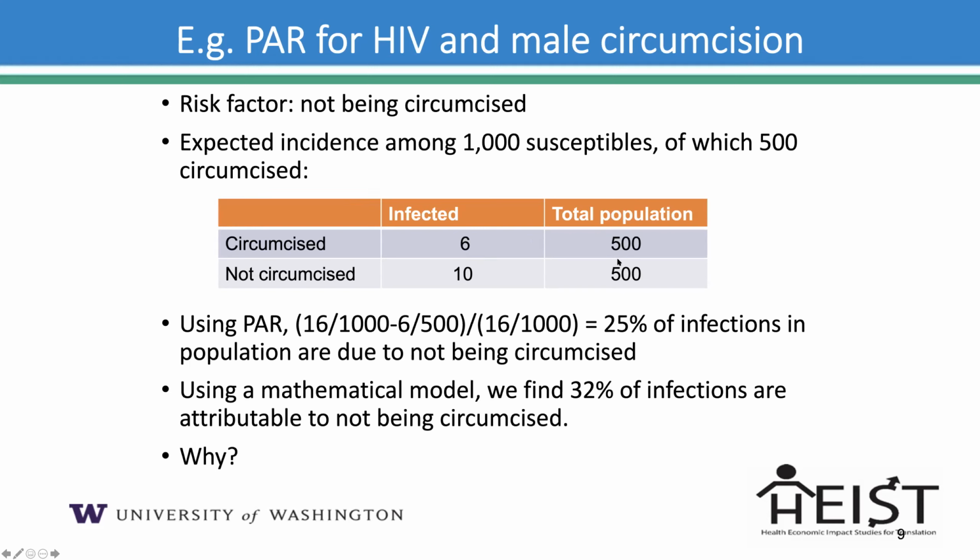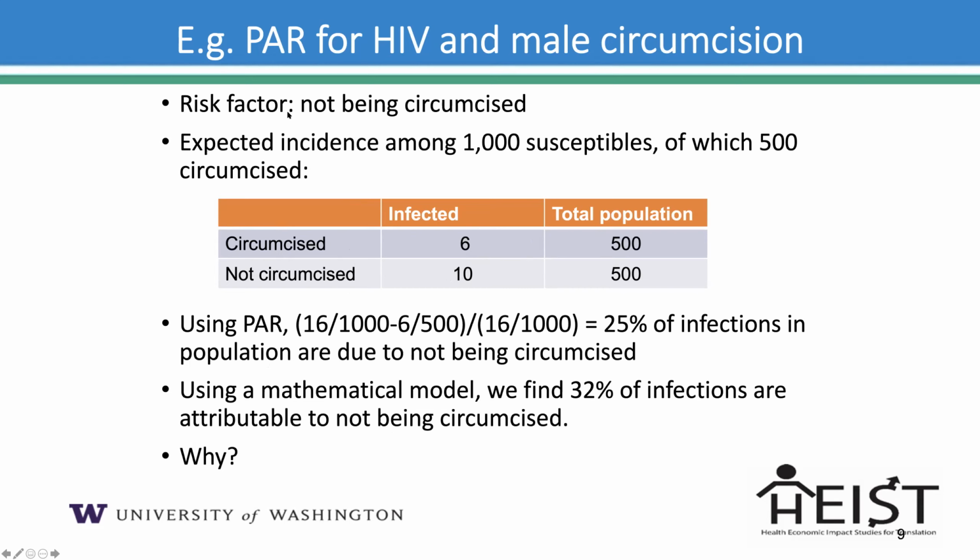The total population is the same, but for circumcised men, there were 6 infections, and for uncircumcised men, there were 10 infections. And so then using the approach of a population attributable risk, you can estimate that 25% of infections are due to not being circumcised.